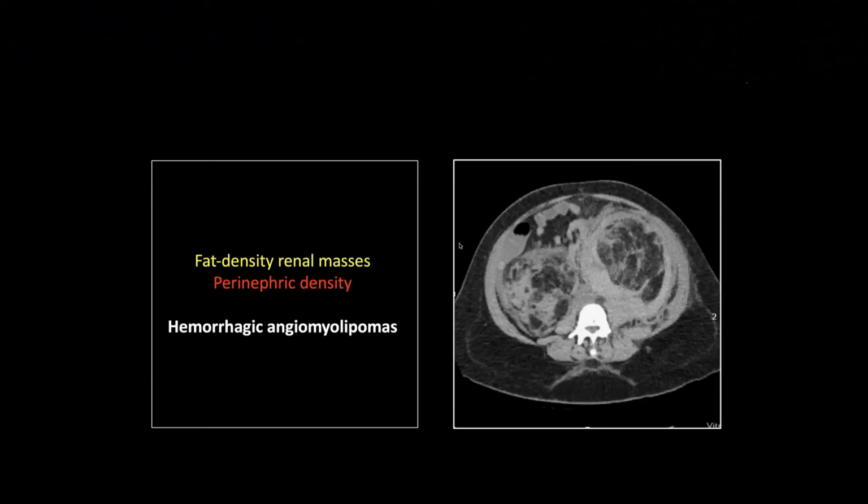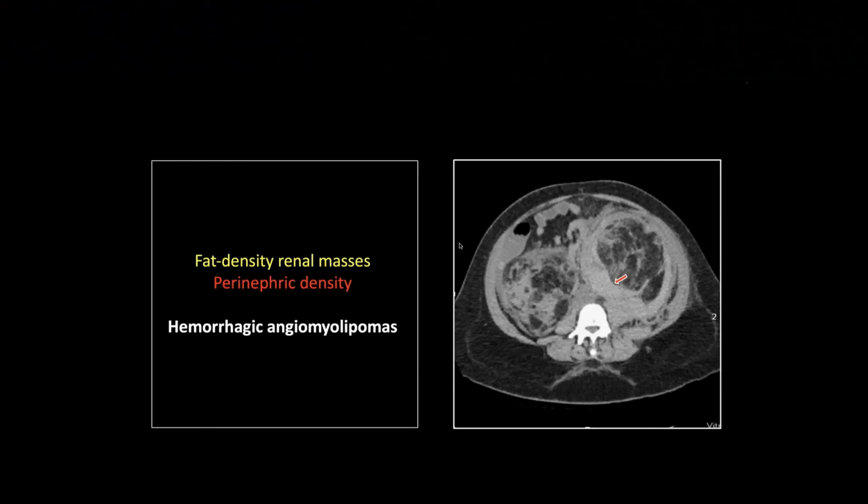All right, since we're doing renal hemorrhage, you can see bilateral massive enlargement of both kidneys with these fat density masses. And then, of course, there is a great deal of perinephric density surrounding that left kidney. So this is most likely a patient with tuberous sclerosis. Certainly women without tuberous sclerosis, commonly women in middle age, 40s and 50s, will develop AMLs, and they certainly can be multiple and bilateral.